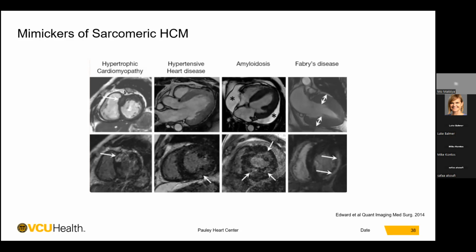We have the diastolic SSFP cine images in the top row, which correspond with the late gadolinium enhancement images on the bottom row of these four cases of LVH. We can see some specific enhancement patterns that aid in the diagnosis.